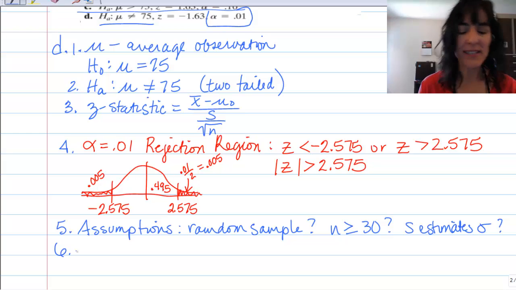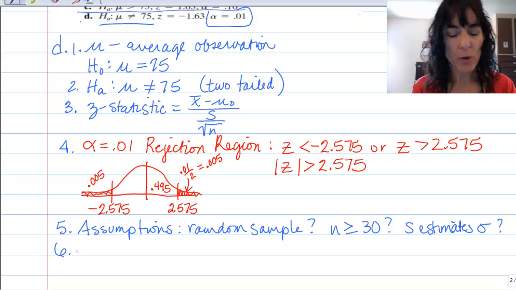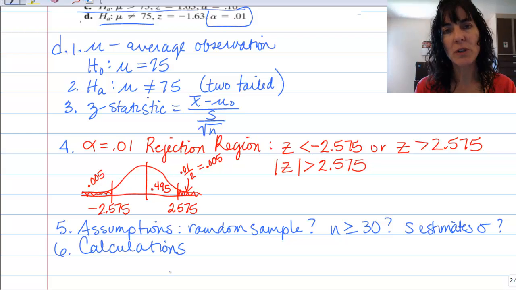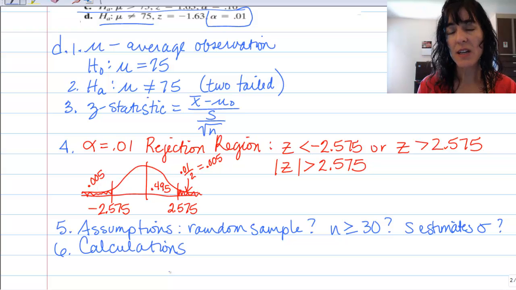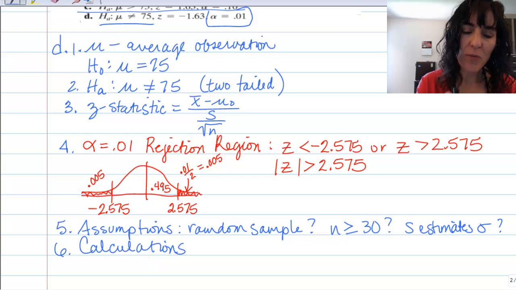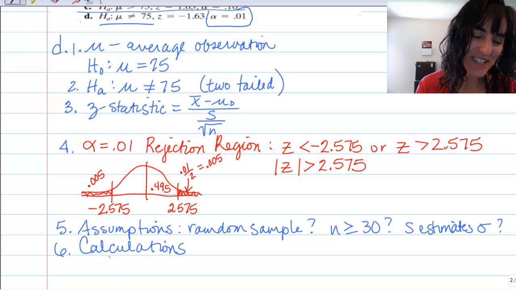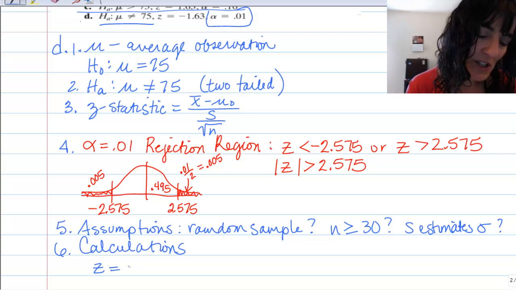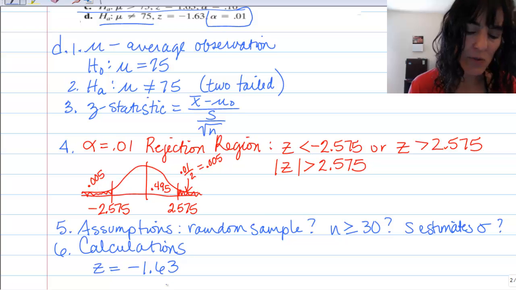Okay, then part 6, this is where we do the calculations. And this is where we would do our actual study and collect our actual data and then do our calculations. So they've pretended to have done the study for us. So what we're calculating now, they've already done that for us too, is they gave us the Z equals negative 1.63.